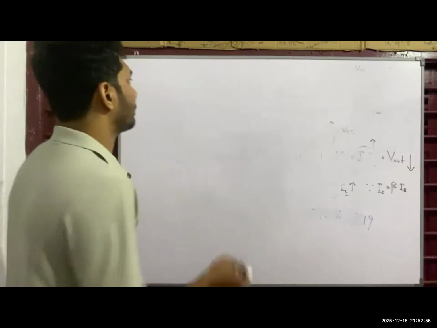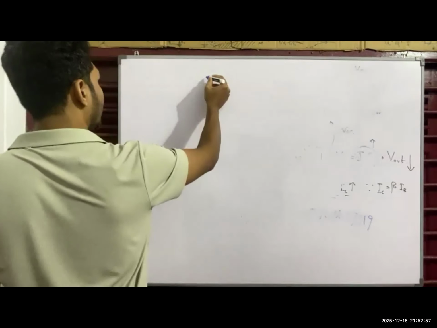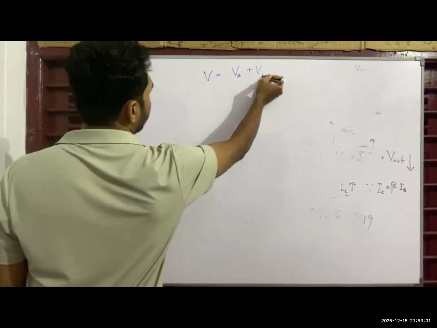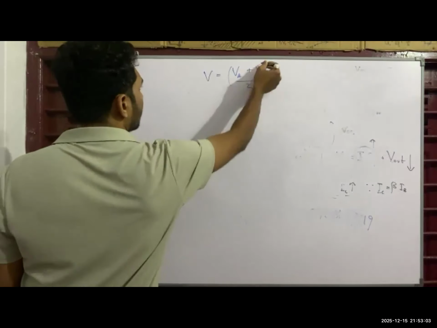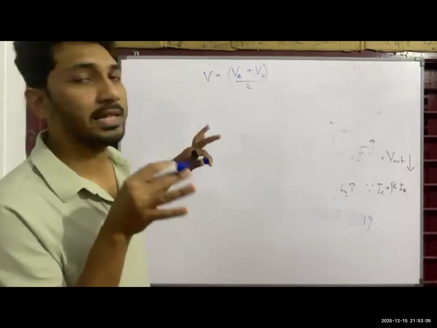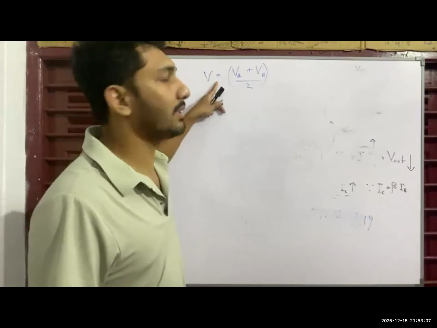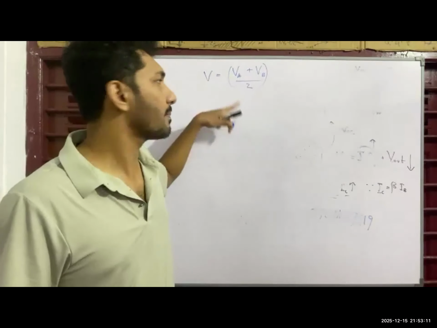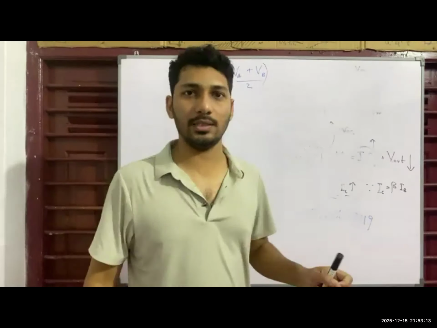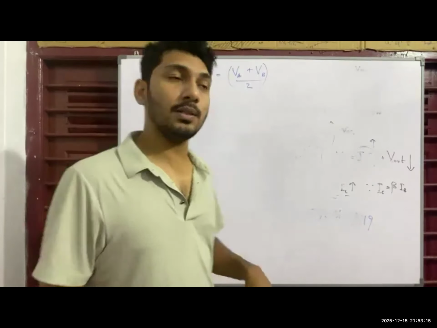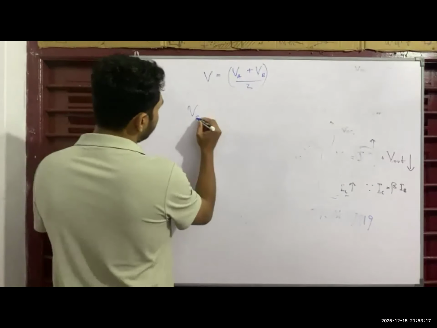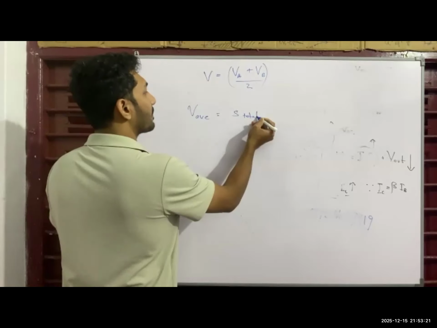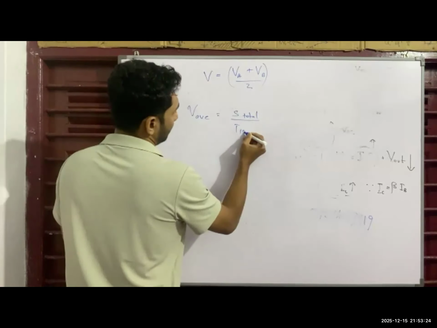So when you calculate the value of VA plus VB divided by 2, just directly calculating this average of the two ends will give you the actual average velocity. The actual average velocity is actually total displacement divided by total time.